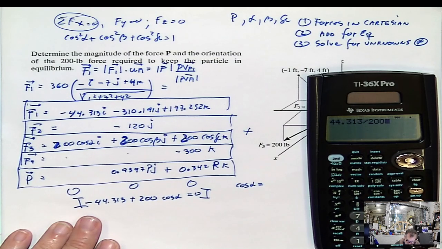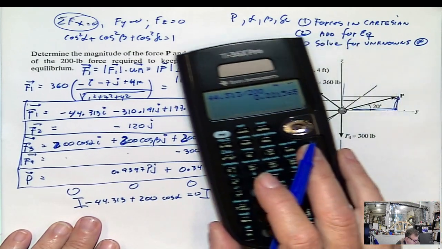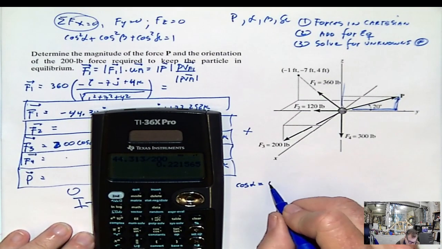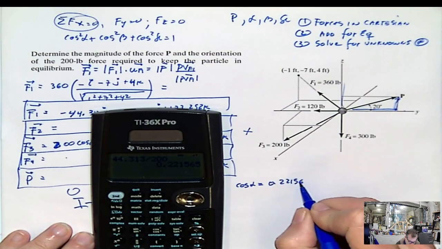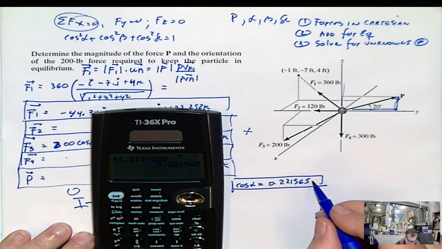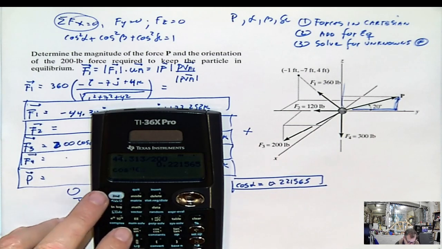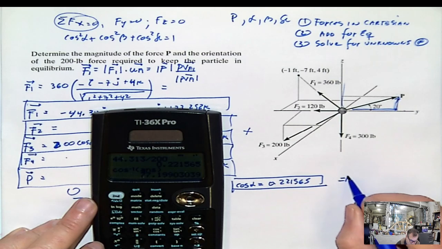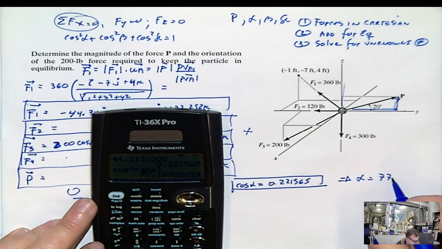So 0.221565, which means that alpha is going to be the inverse cosine of that, and that will be 77.2 degrees. That's easy.